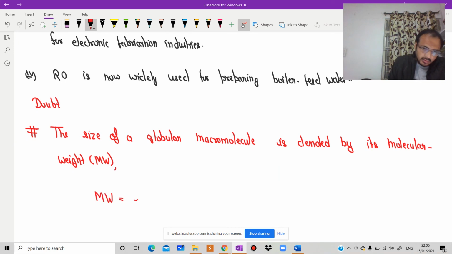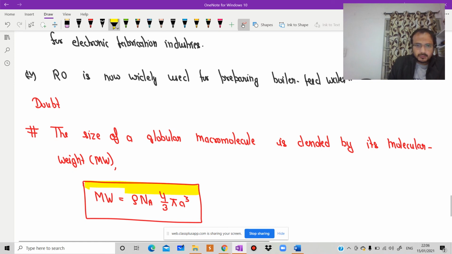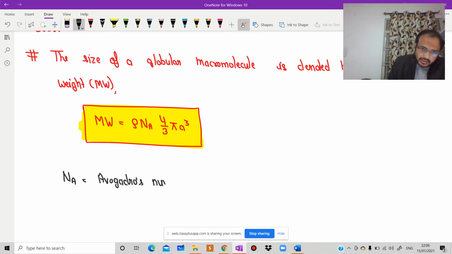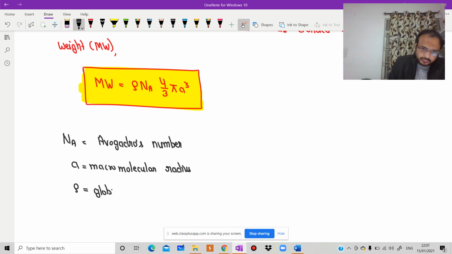Molecular weight is equal to rho into Na into 4 by 3 pi A cube, where Na is Avogadro's number, A is the macromolecular radius, and rho is the globular density. Write down that point, the question you asked.